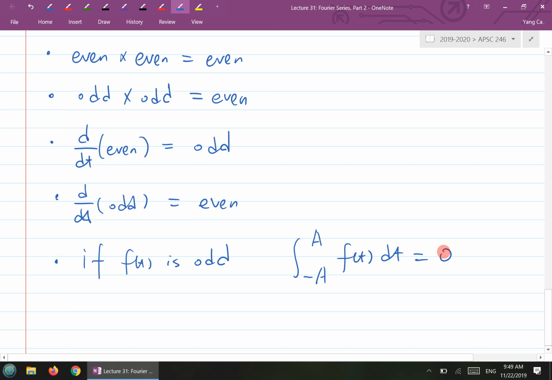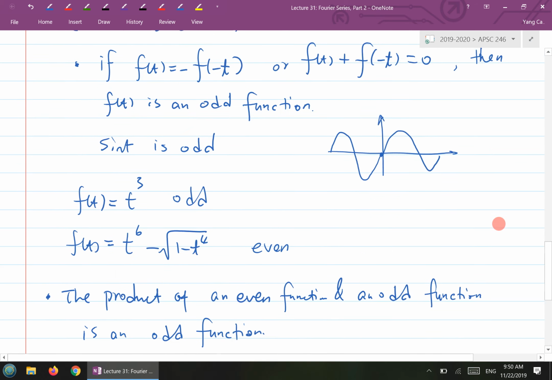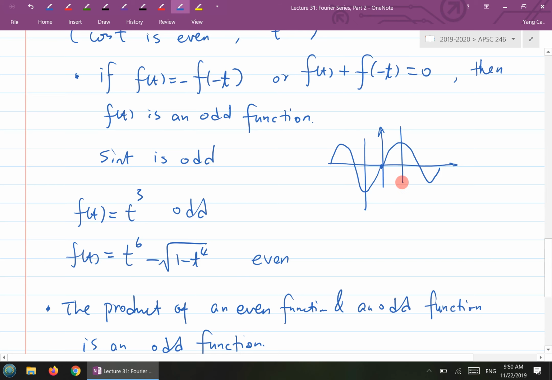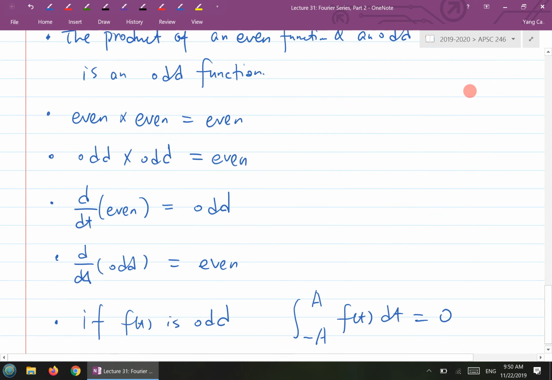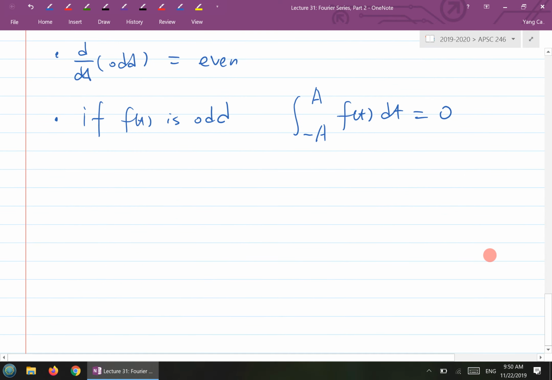A good example is always sine. If I integrate from negative pi to positive pi, the area underneath the sine is 0. So that's the nature of the odd function.